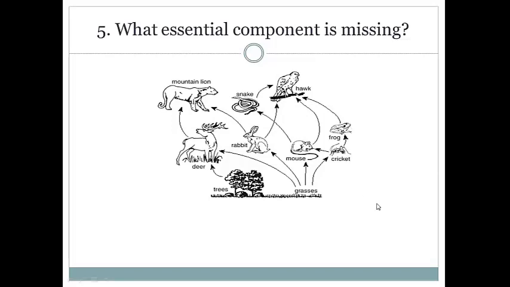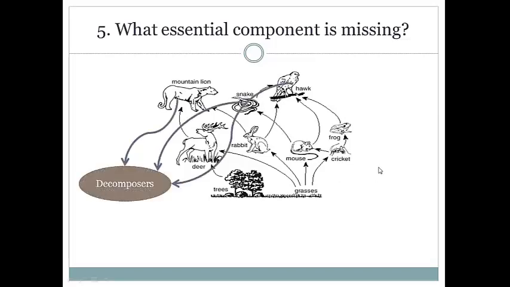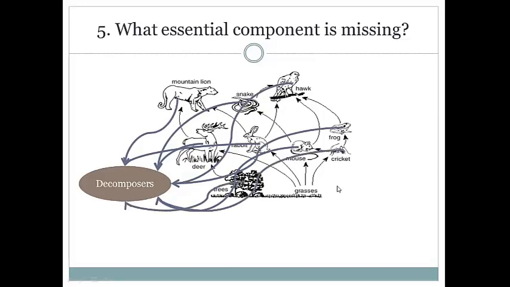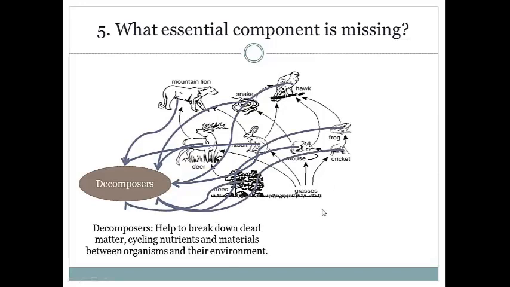So what we're missing in this food web is an organism which can take all of the nutrients in these animals once they're dead and recycle them so that they can be reused by the producers. So we are missing decomposers. If we add that on, we would draw a line from each animal in this ecosystem to the decomposers, because once these things die, it is the job of the decomposers to break them down.